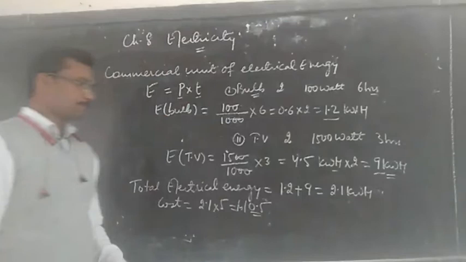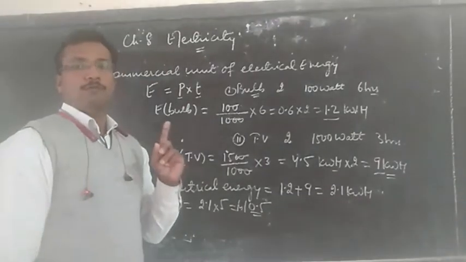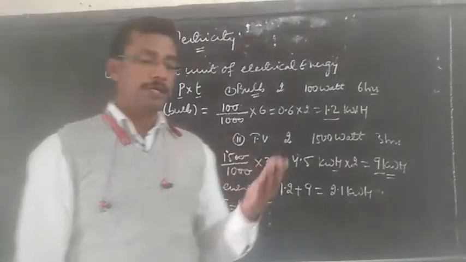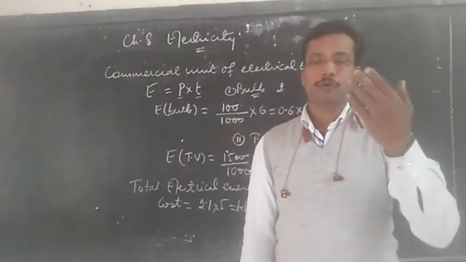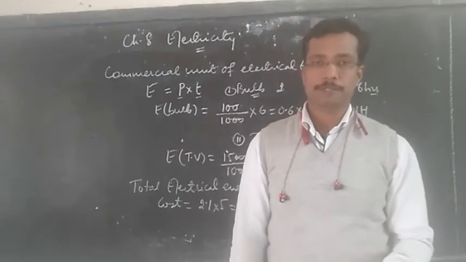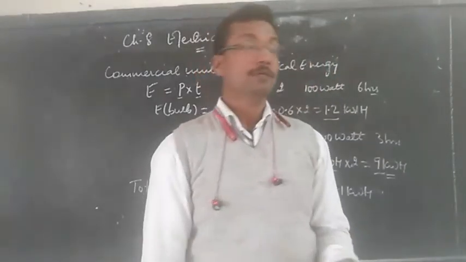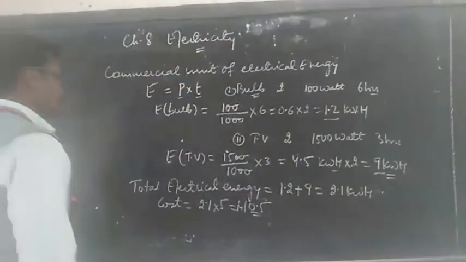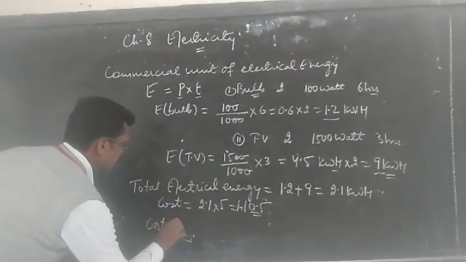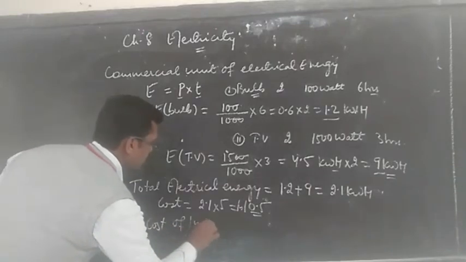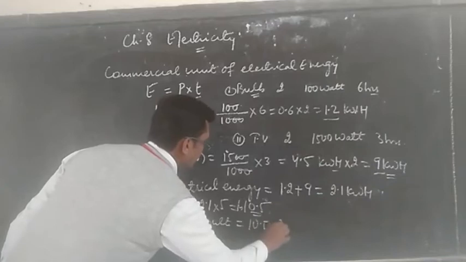This 51 rupees will be the cost for 1 day, but you know that the electricity bill comes for 1 month, depending upon the number of days we have. So the cost for 1 month will be 51 into 3.